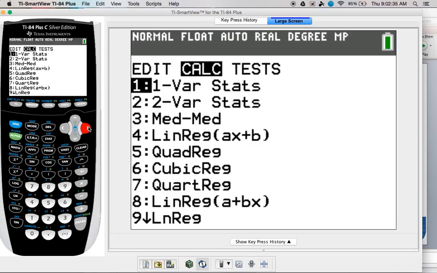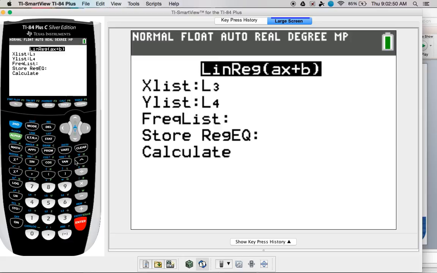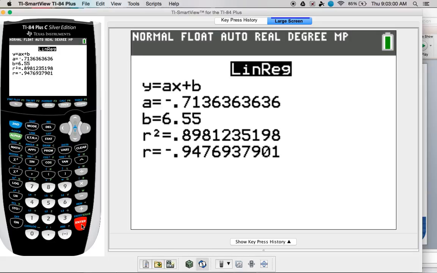Let's calculate some regression line, and this particular unit is linear regression. Now, in other classes, you'll be using quadratic, cubic, quartic, and so forth, but for us, we'll look at linear regression. And I have my stats in L3 and L4. You might have it in L1 and L2, whatever you need. I'm going to enter through the data, and here we are.